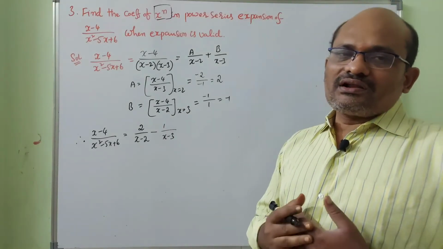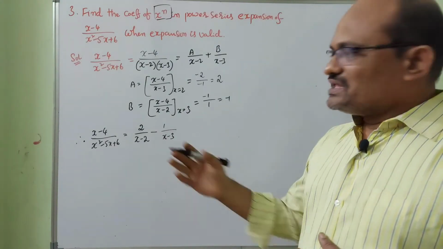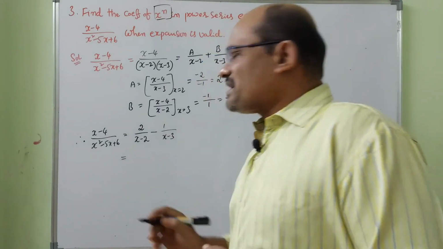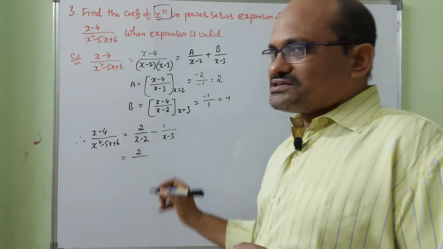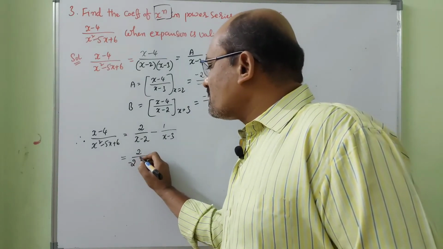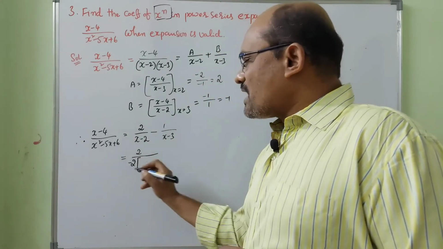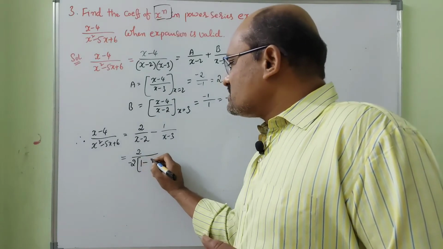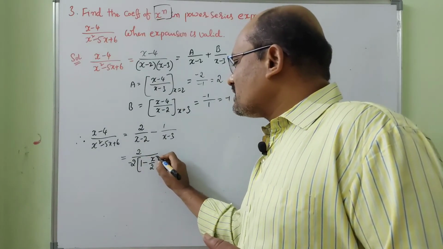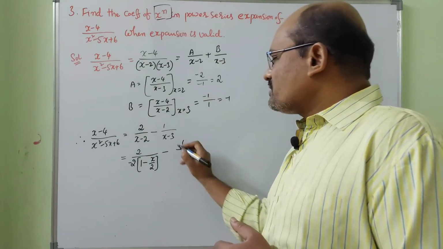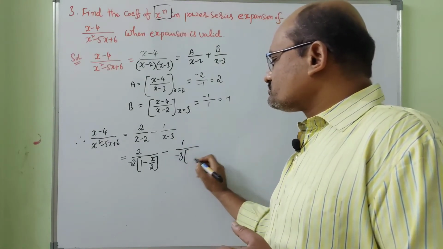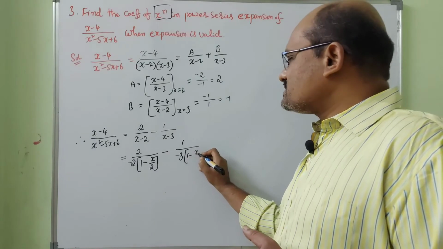Now I have to go for expansion of these partial fractions. For that what I do is, for first fraction I will take minus 2 common. If I take minus 2 as common, what I will get is 1 minus x by 2. Here I will take minus 3 common, I will get 1 minus x by 3.